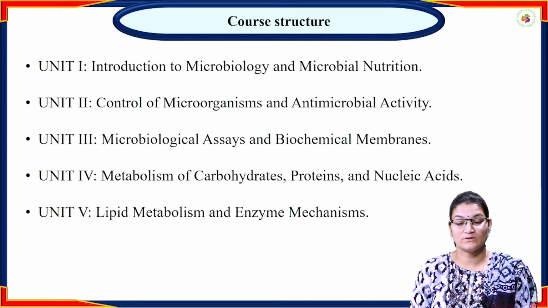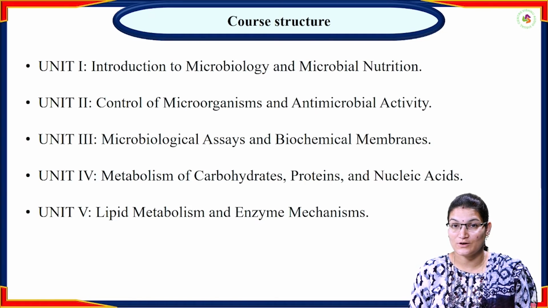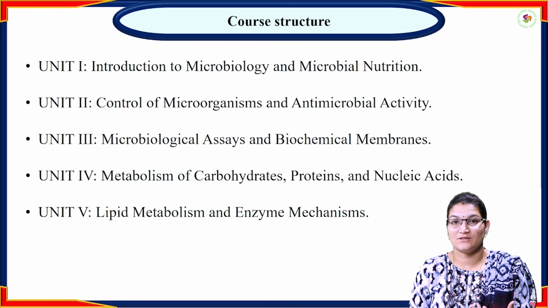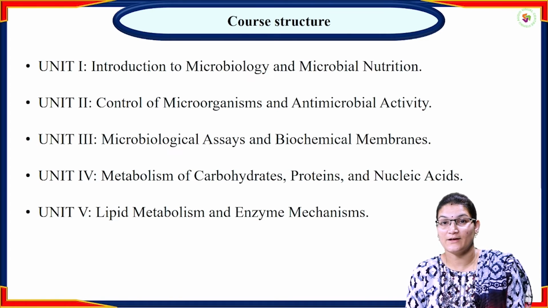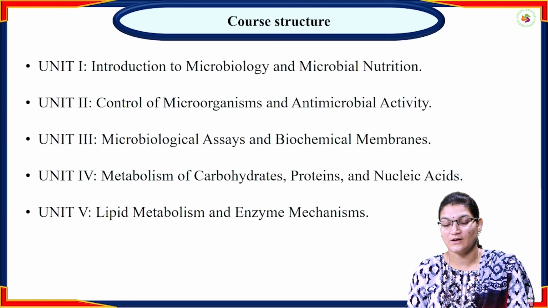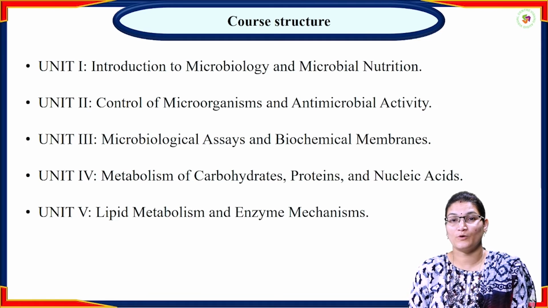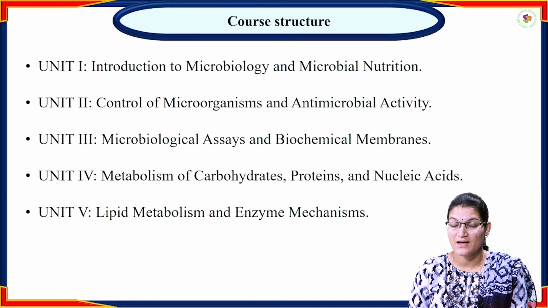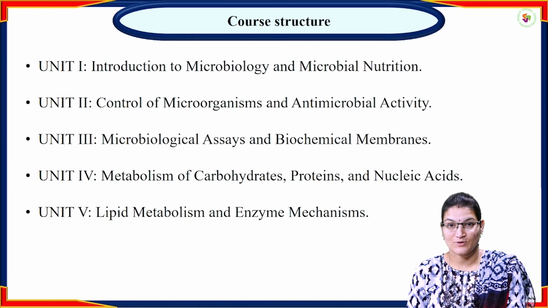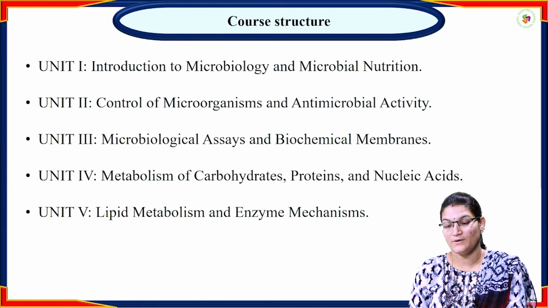In unit 4, specifically we study about glycolysis, glycogenolysis, how the glucose is synthesized from the basic process, how the glucose is metabolized into simple components, and how the proteins are synthesized by the combination of amino acids, and how these proteins are converted into amino acids and urea and excreted from the human body.